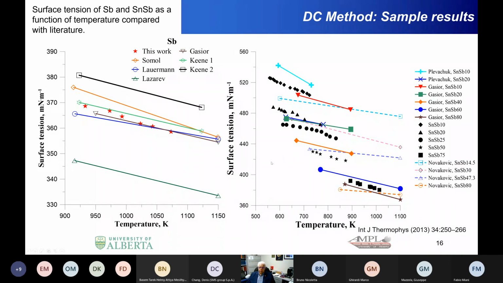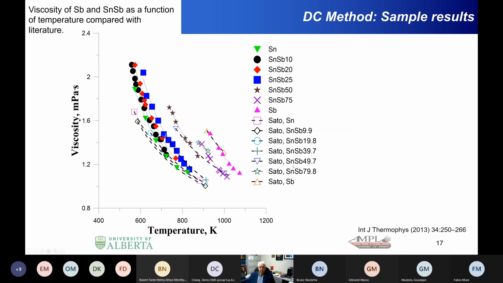So here we're showing, in this case, surface tension, but at the same time, we also got viscosity and density. The one thing I'm not going to talk about is how this data fits with theoretical models of these properties, but that's another topic, maybe for another talk. I wanted to focus on the experiment and the methodology of getting data and how it compares with other measurements.